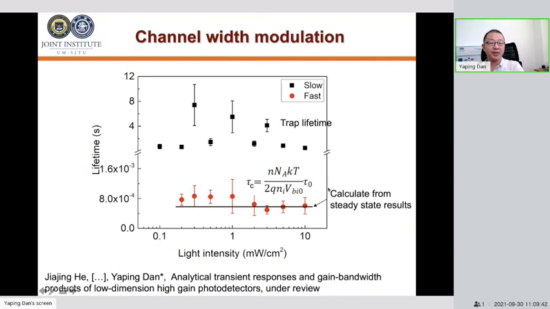Based on the equation governing the milliseconds, this tau zero can be estimated from the previous steady state fitting results. If you plug this steady state tau zero back into this equation, we find that tau c should be a constant of the light intensity following this equation. It's pretty close to the transient fitting results.